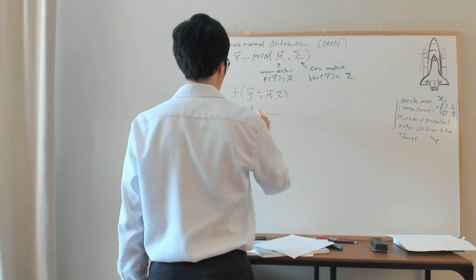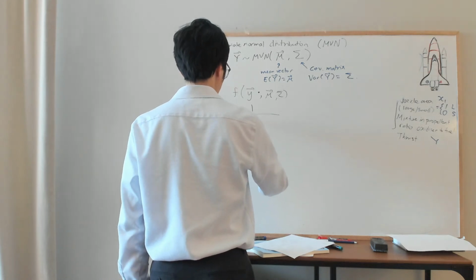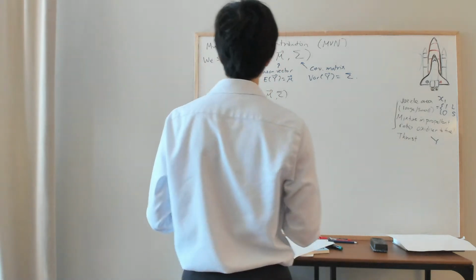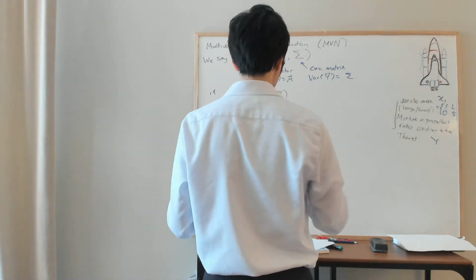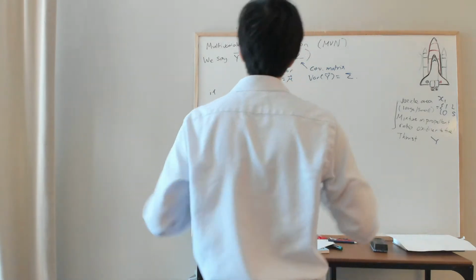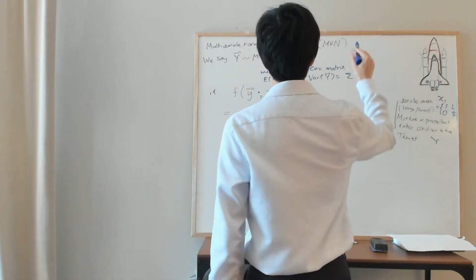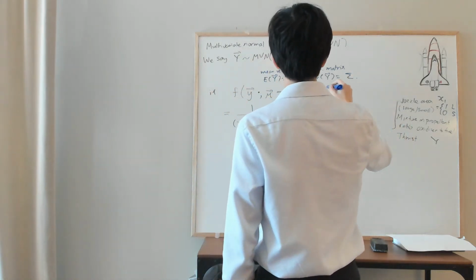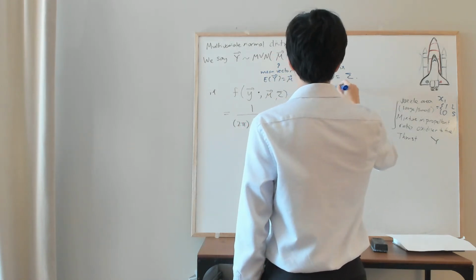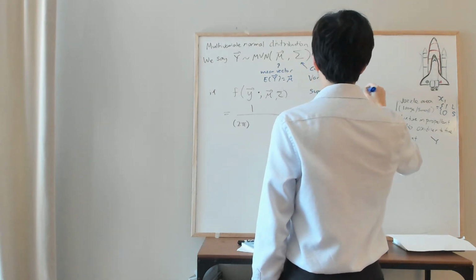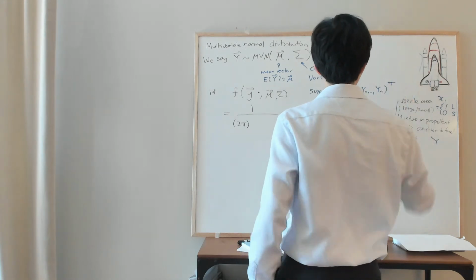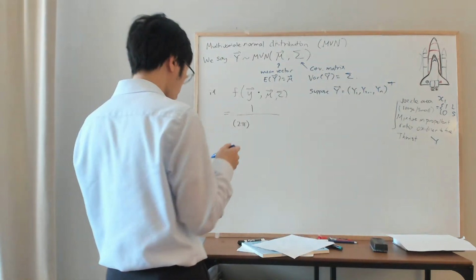So we have 1 over 2 pi. I should be specific here and say that I'm supposing we're talking about n dimensions. So suppose y is y1, y2 to yn, transpose.